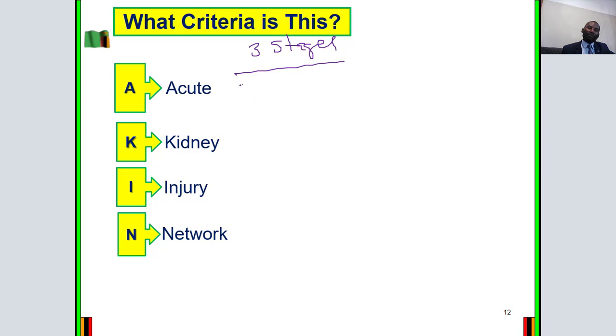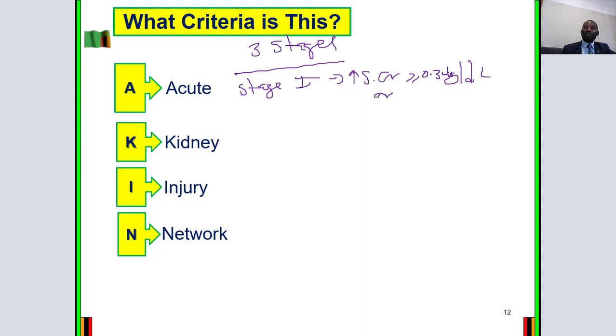So stage 1. Stage 1 for AKIN, just like KDIGO, there's increased serum creatinine of equal or more than 0.3 milligram per deciliter. Okay, that is stage 1.